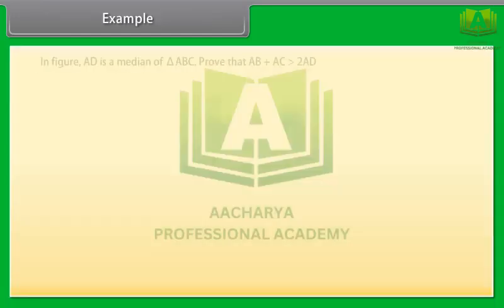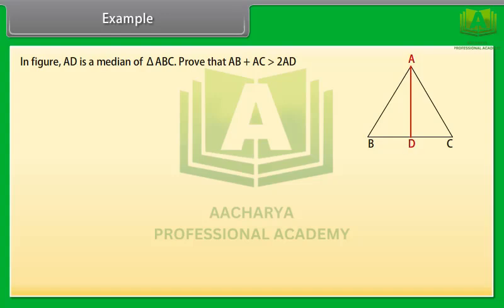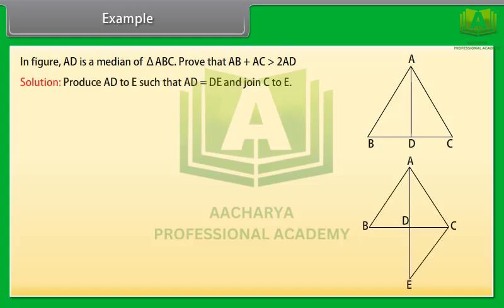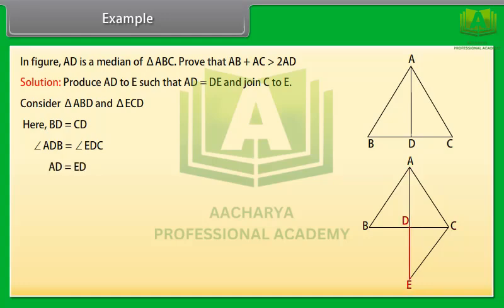Example. In the figure, AD is a median of triangle ABC. Prove that AB plus AC is greater than 2AD. Solution. Produce AD to E such that AD is equal to DE and join C to E. Consider triangle ABD and triangle ECD. Here BD is equal to CD, angle ADB is equal to angle EDC, and AD is equal to ED.